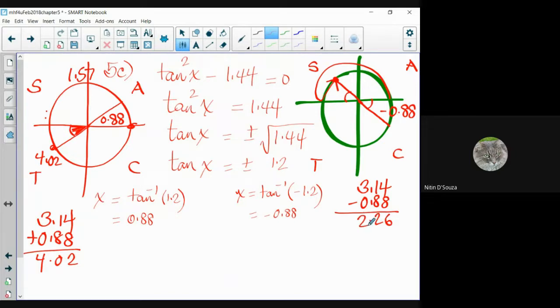So this one is 2.26. This angle here, remember this is 6.28, correct? So this second one will be 6.28 minus 0.88.